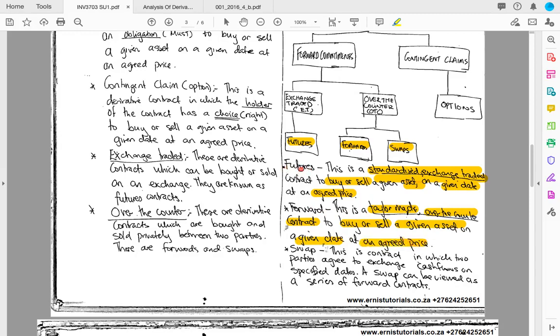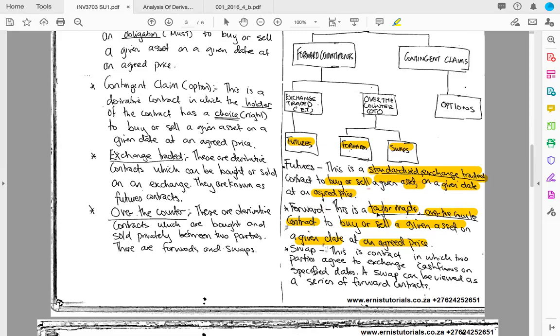So the main difference between a futures contract and a forward contract is that with a futures contract, you're entering into an agreement with the exchange as a counterparty, whereas with the forward contract, you're entering into an agreement with another dealer or a third party as a private arrangement. And that third party being your counterparty, right?